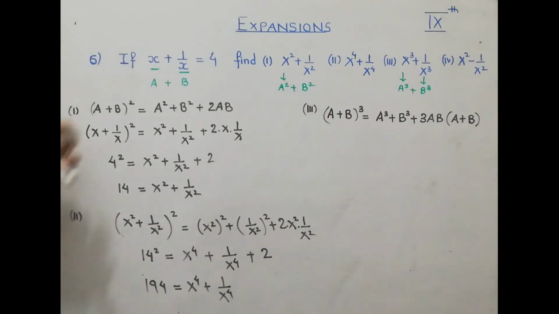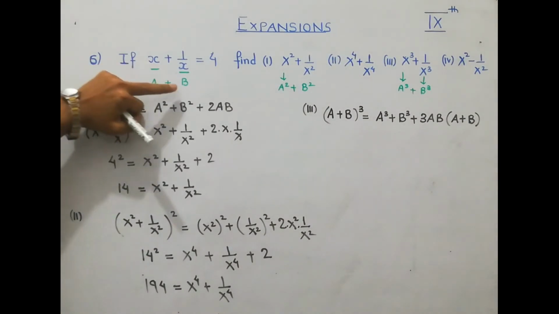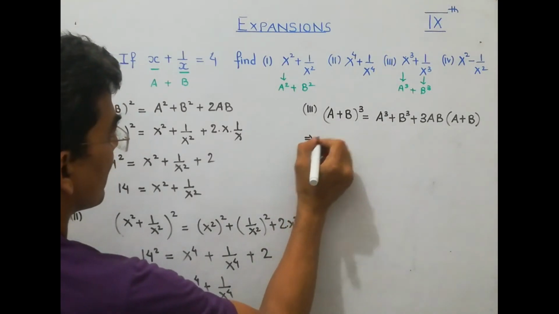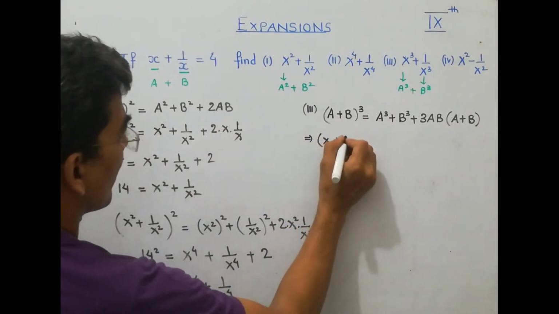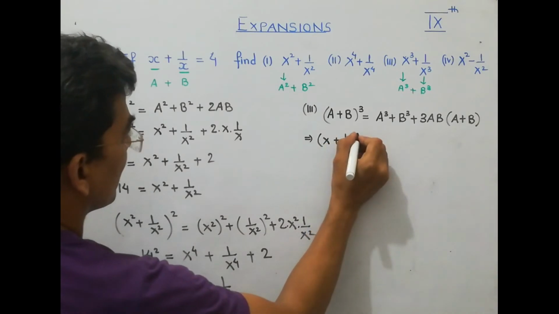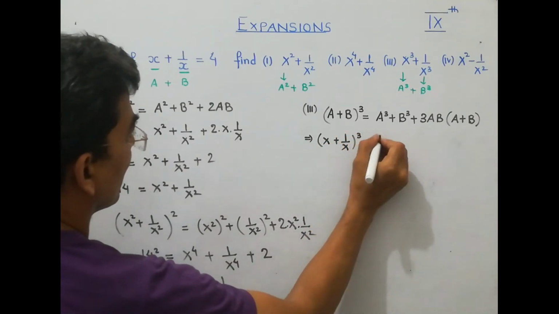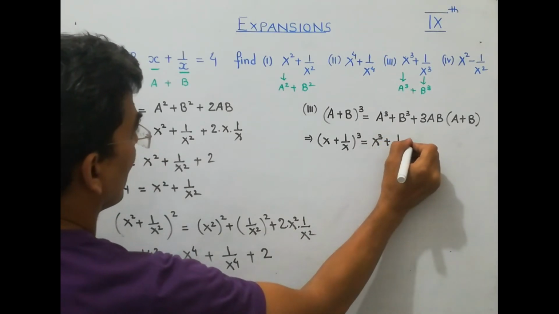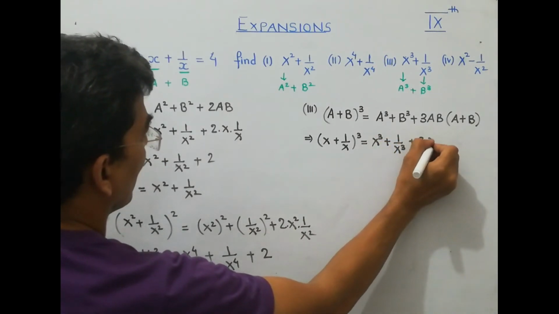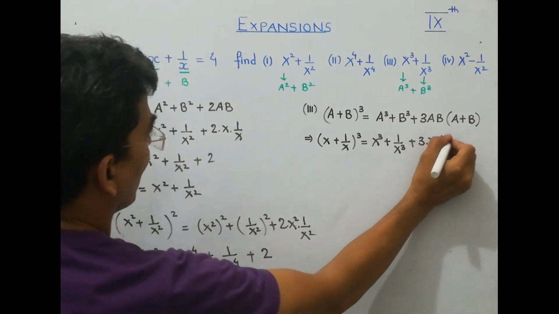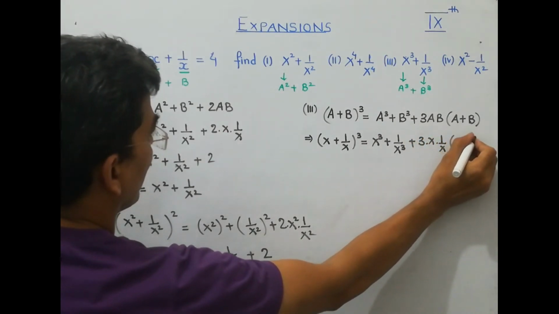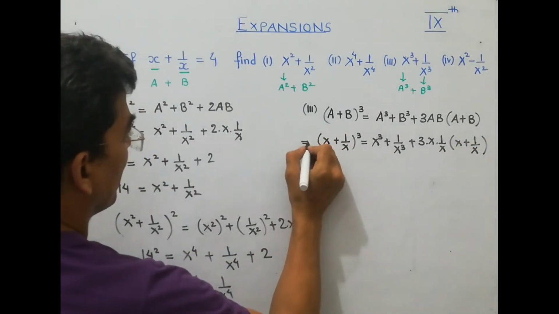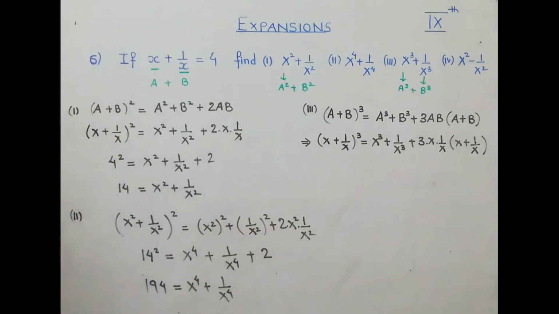Now in this formula we know that a is to be replaced by x and b is to be replaced by 1 upon x. So let's replace it. So we have replaced here.